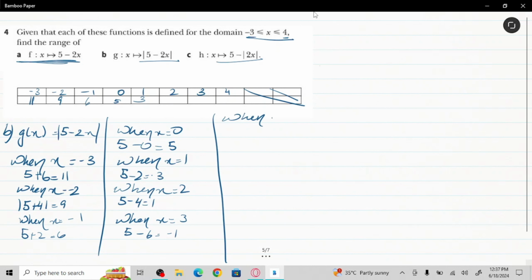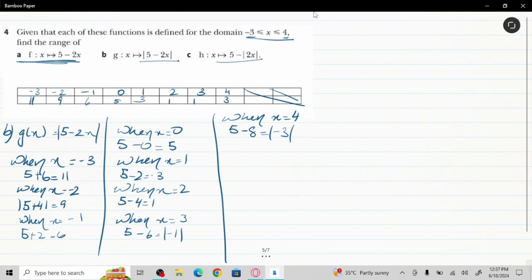And when x equals 4, 5 minus 8 equals negative 3. So this negative 1 and negative 3 will become positive because they are trapped inside a modulus, as you can see in the equation. So we'll say 3, then 1, and then 3 again.